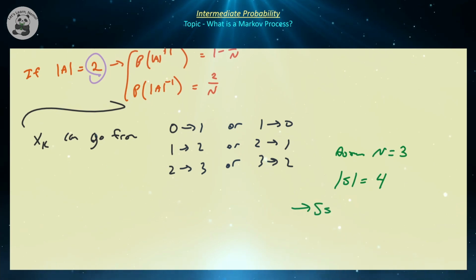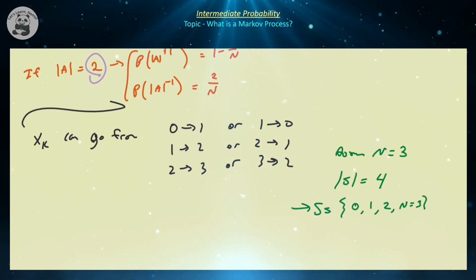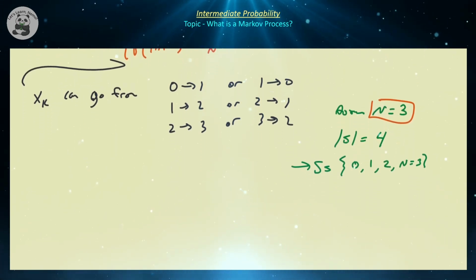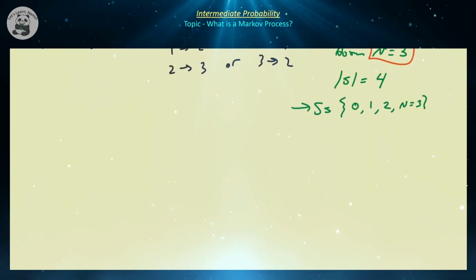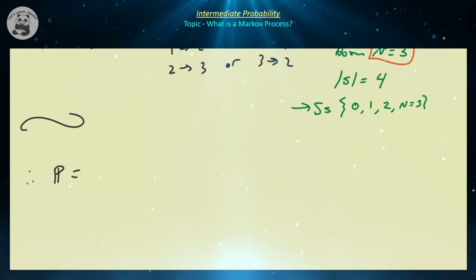So our state space explicitly will be 0 particles, 1, 2, or N, which is equal to 3. So if N is equal to 3, the cardinality of our matrix is going to be equal to 4. Okay, so our stochastic matrix will be a 4 by 4 case. So let's see if we can actually state this. So P is going to be equal to what?